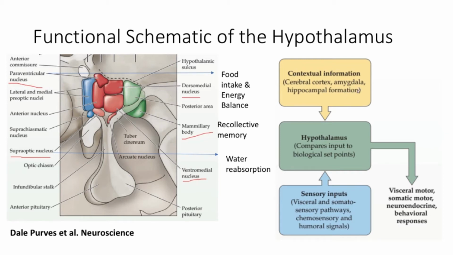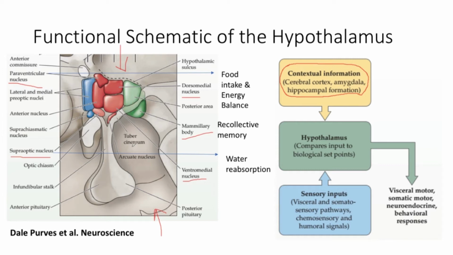For example, the contextual information that comes through your cerebral cortex, amygdala and the hippocampus region actually comes to the hypothalamus. And these different regions also get input from the sensory inputs, which are coming from the bottom side. So sensory inputs are coming towards the hypothalamus, and from the cortex you are getting input.